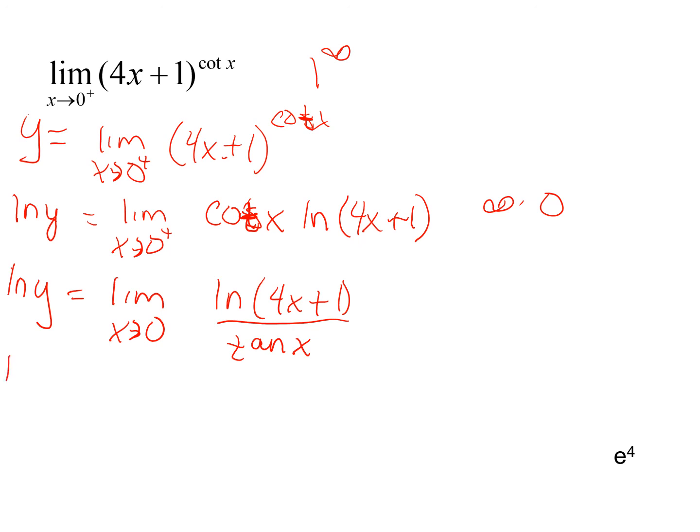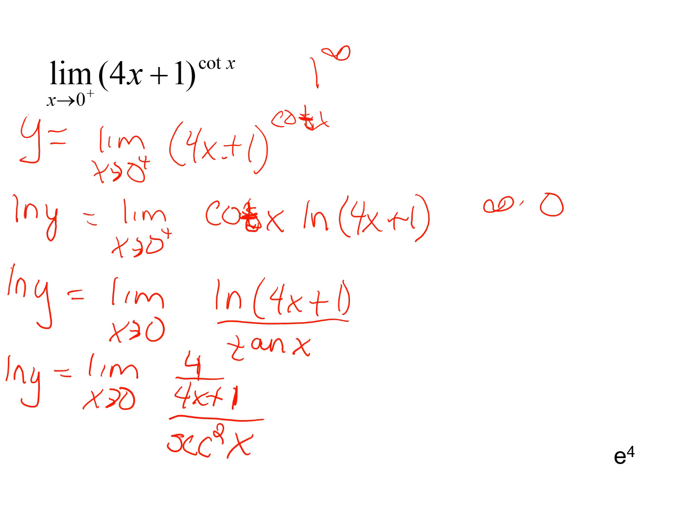So I have the natural log of y is equal to the limit as x approaches 0. I'm going to take the derivative of this, which is going to be 1 over 4x plus 1 times 4. And the derivative of tan x is secant squared x.